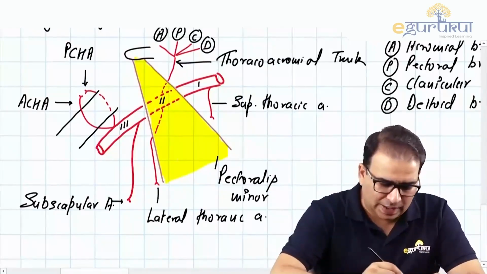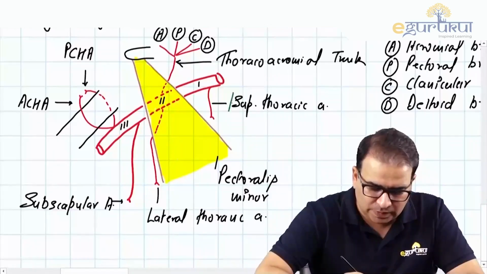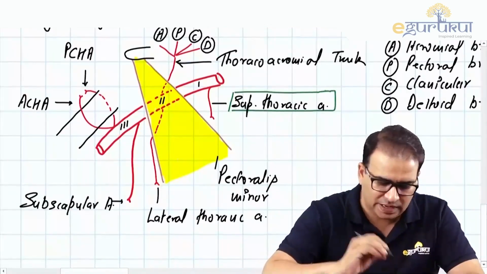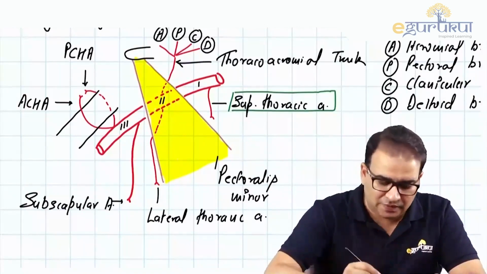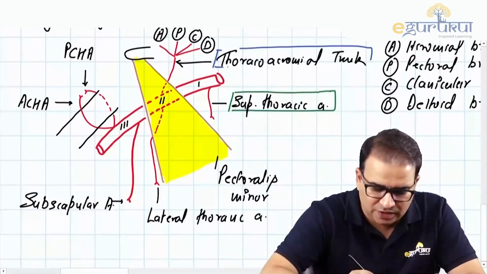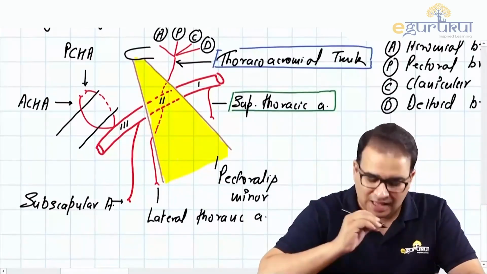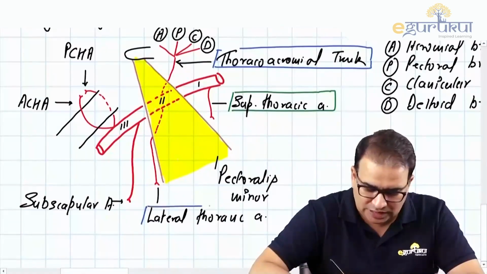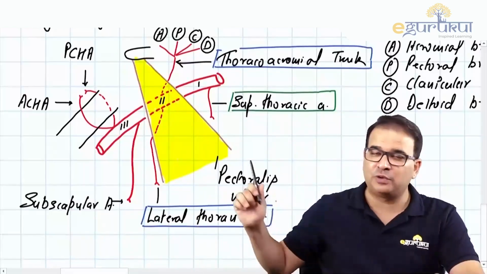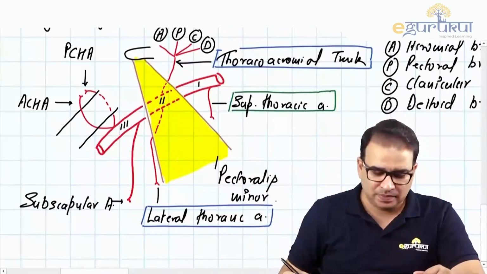Let me just quickly recap it for you. From the first part we have only one branch, and that only branch was the superior thoracic artery. Done. Second part, we got 2 branches here. One is the thoracoacromial trunk, which you can see further dividing into 4 branches, and also the lateral thoracic artery. You can see they are coming out of the upper border and the lower border of pectoralis minor muscle respectively.